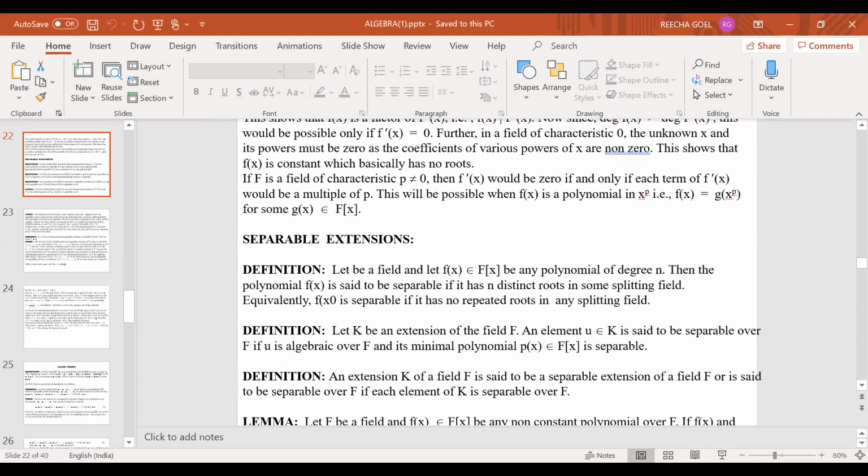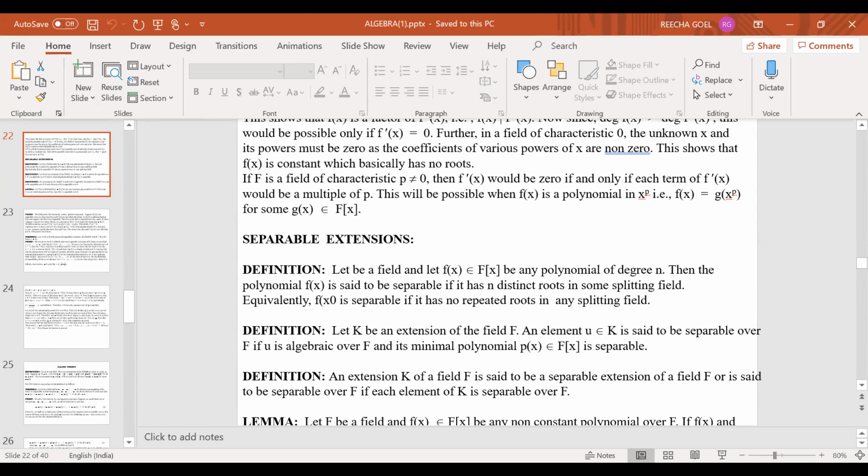Now, once we know that there exist situations where a polynomial has all distinct roots, it has given rise to another concept, that is the separable extension. Last time I defined this, so let me just repeat that.